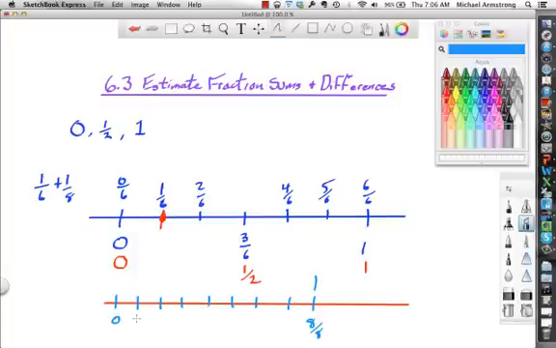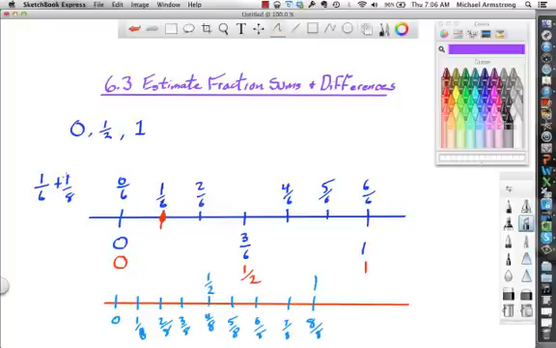This is 1/8, 2/8, 3/8, 4/8, 5/8, 6, 7, and 8/8. Okay, so half is right here. This is 1/2.